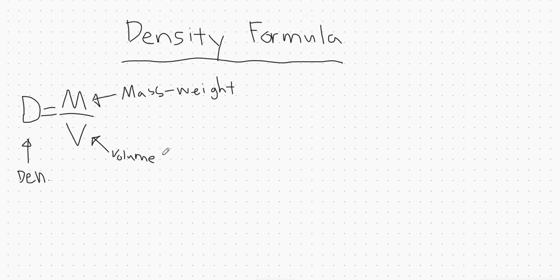The volume is the space, and density is essentially how much something can pour down on something.